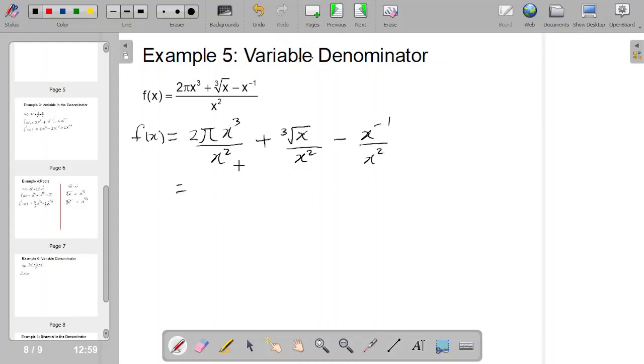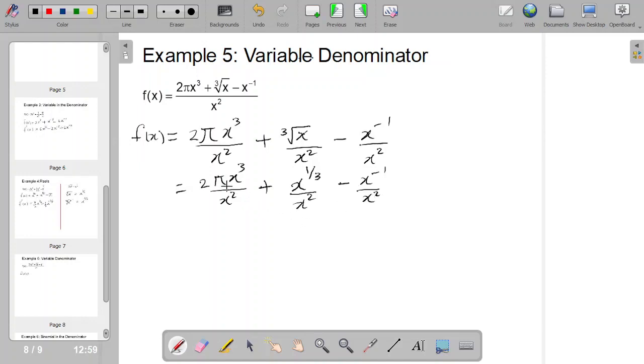So this will become 2 pi x cubed over x squared. This is a root. We were dealing with it before, so we know how to change it. This becomes x to the power 1 over 3 all over x squared minus x minus 1 over x squared.